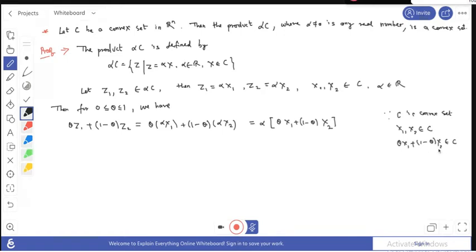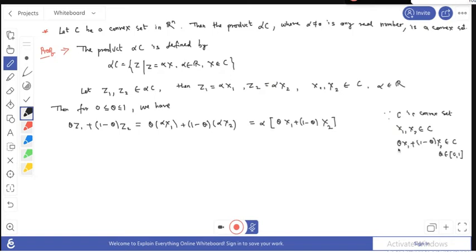Any such point is theta x1 plus 1 minus theta x2, where theta belongs to the interval 0 to 1.